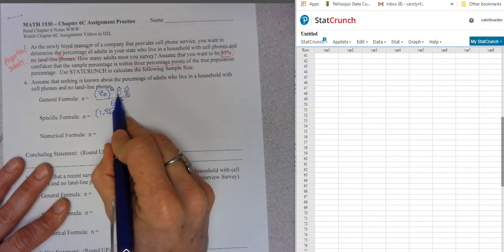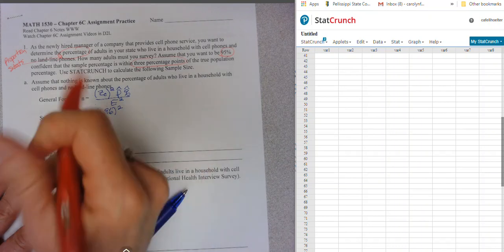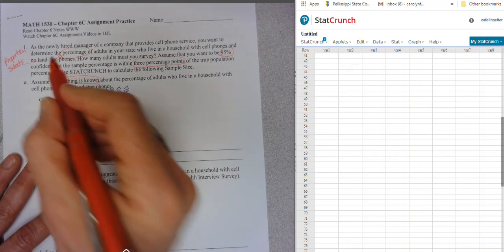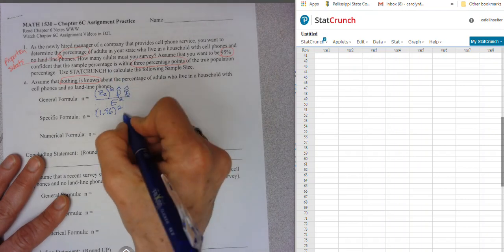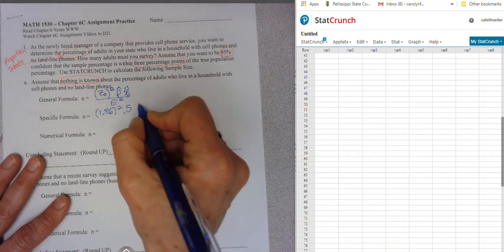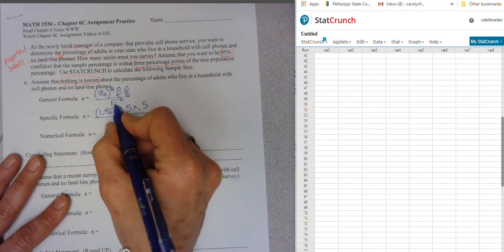P hat in this problem, we're not given any prior knowledge. This problem states that assume that nothing is known about the percentage. So when we don't know anything, our P hat is 0.5, Q hat then has to be 0.5, all divided by the margin of error squared.